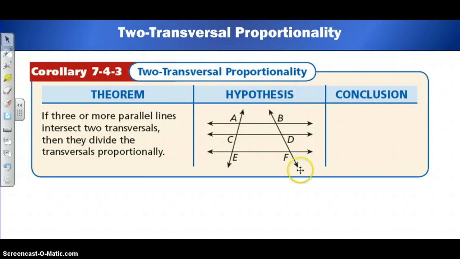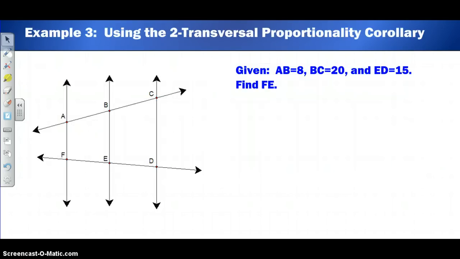A transversal is a line that intersects two or more other lines. And my conclusion would then be that AC to CE must be equal to BD to DF. And again, it's all about following a pattern. So let's take a look at this picture in this example.